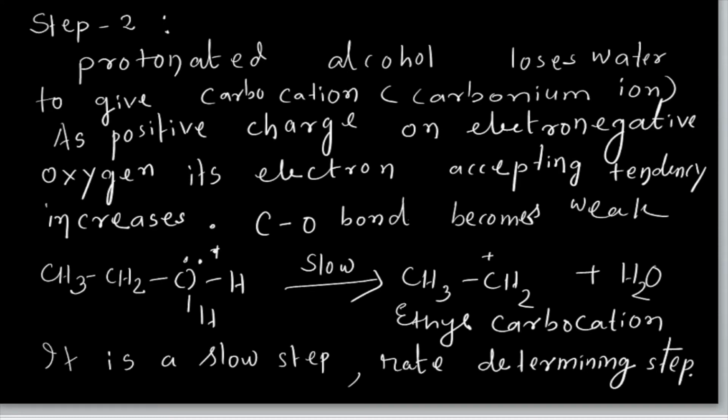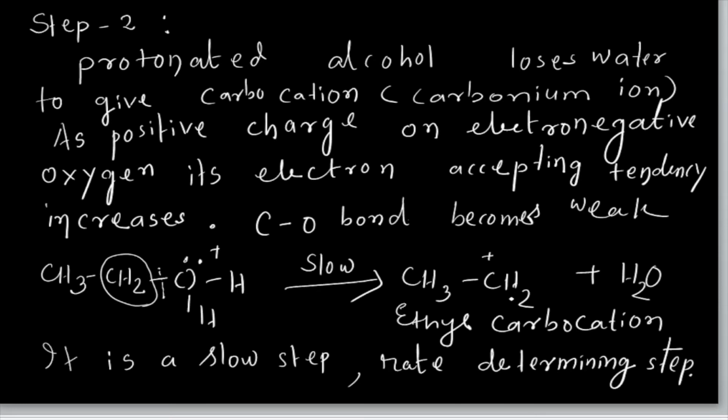So since its electron-accepting tendency is more, the C-O bond becomes weak, and this C-O bond breaks easily. That is why the CH2 part occupies the positive charge. Now you can observe CH3CH2+, that is called the ethyl carbocation, but it is a primary one.